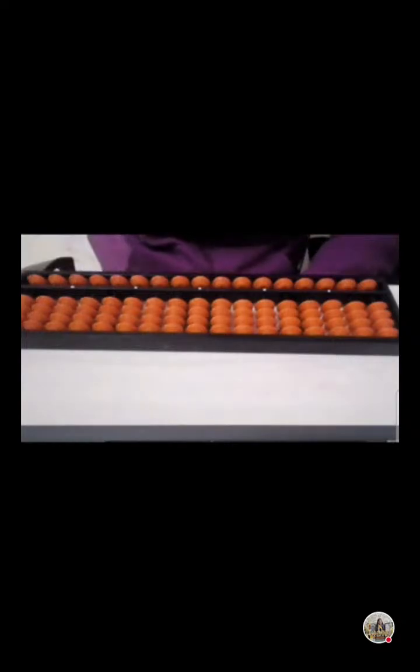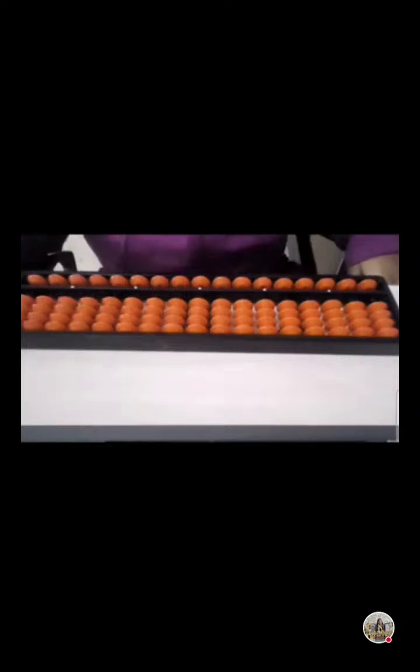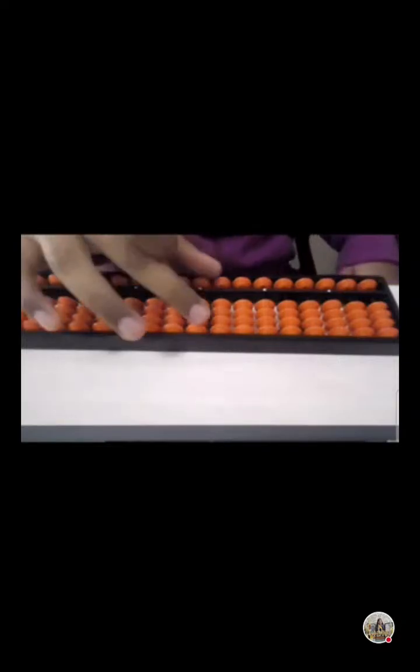Now first we'll start with the small friends and big friends combined. If we take a question, 8 plus 2 minus 7. Just a very simple question. This is a question of big friends, no small friends involved. First digit is 8, so we'll add 8.